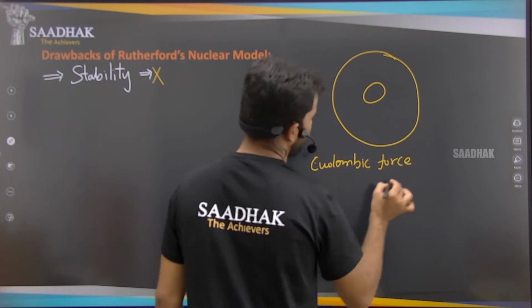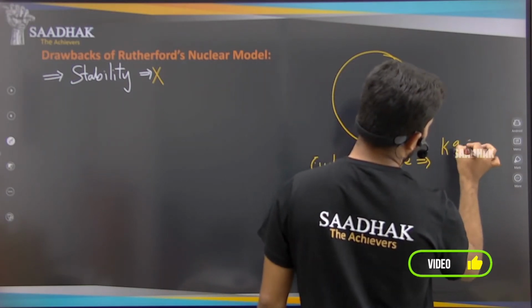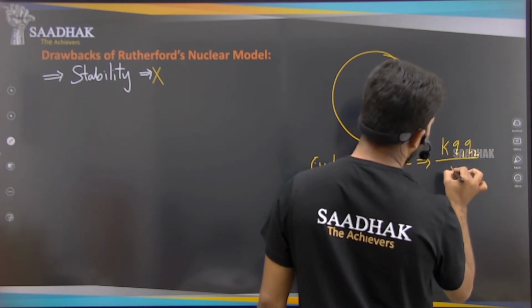The Coulombic force is K into Q1 and Q2 divided by R square.